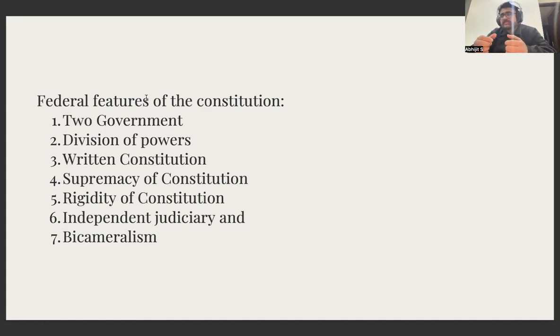Bicameralism is the existence of two houses in the parliament, an upper house and a lower house, wherein the upper house consists of members who have been elected from the states and therefore contributing a federal nature to the Indian Parliament.